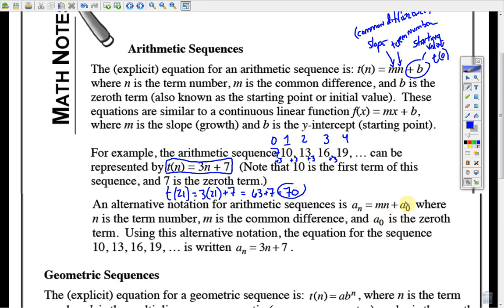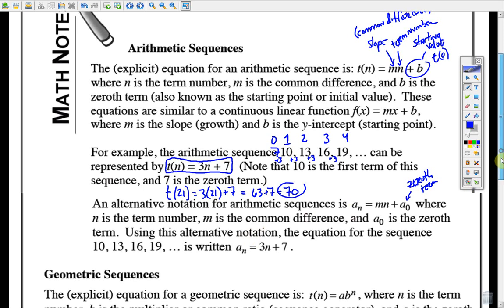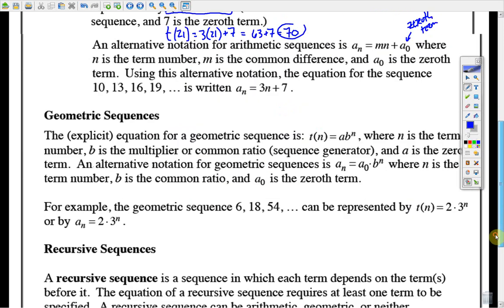The only real advantage here is that it tells you that this is your 0th term and your starting value, and it's sort of built into it with the a sub 0. Using the alternate notation, t of n equals 3n plus 7 becomes a sub n equals 3n plus 7. Not that different.